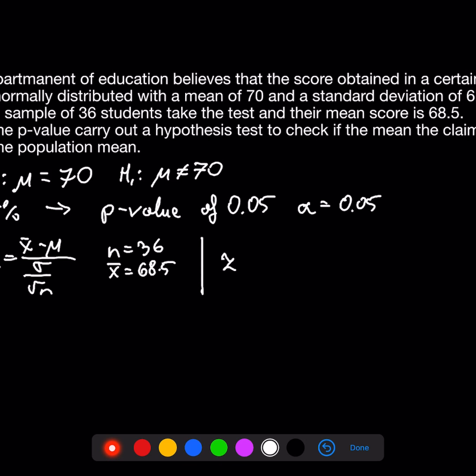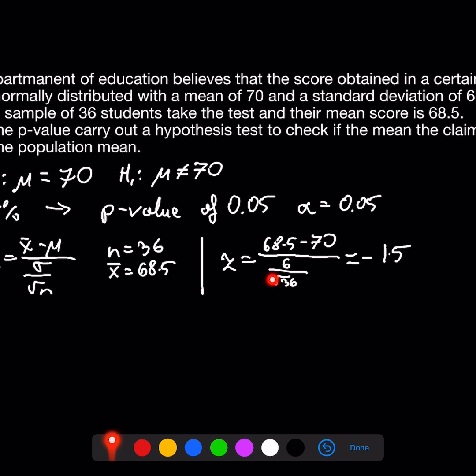So that means that z equals 68.5 minus 70 divided by 6 divided by root 36, and that is a value of minus 1.5. So this is the z value.